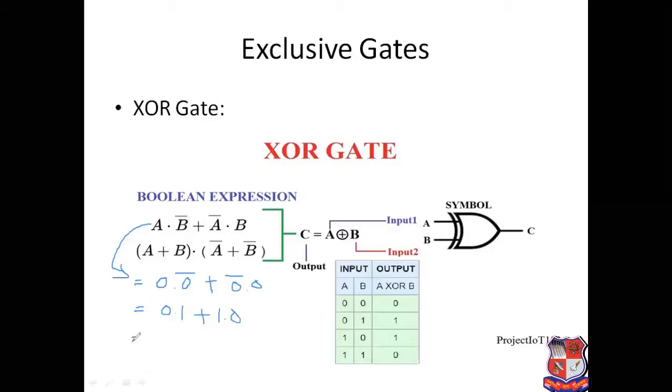So we know that 0 into 1 is 0 using the AND operator, and 1 into 0 is again 0, and 0 plus 0 is 0 using the OR operator. So your final answer should be 0. So here you can see that if both your inputs are 0, 0, then your output should be 0. So next we will check for 0, 1.